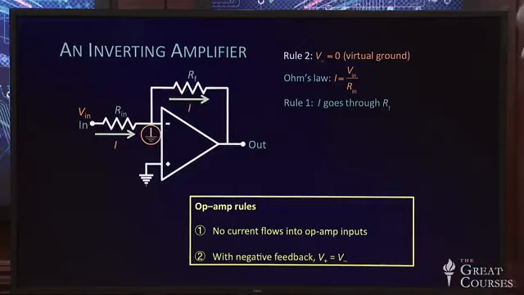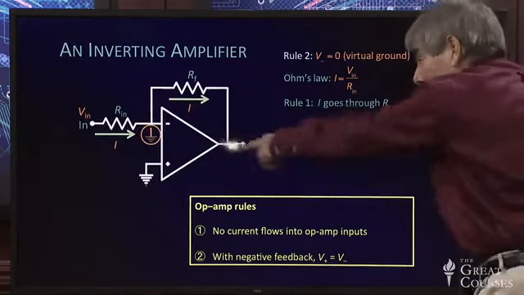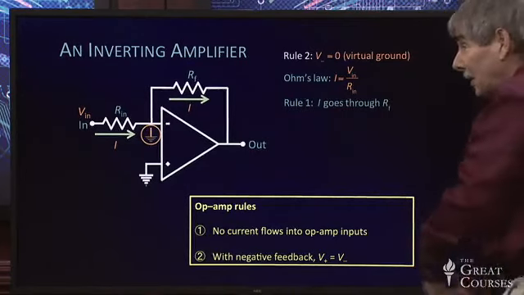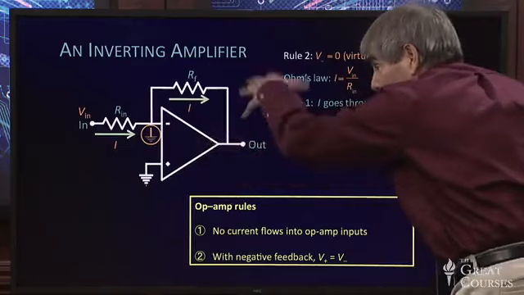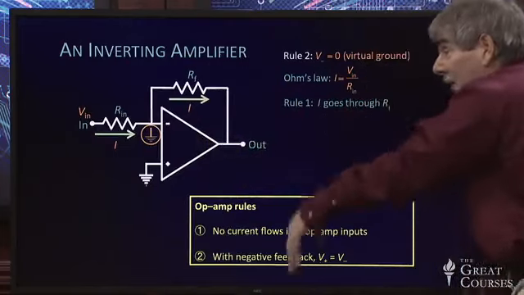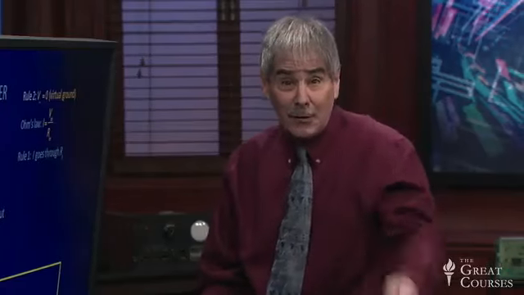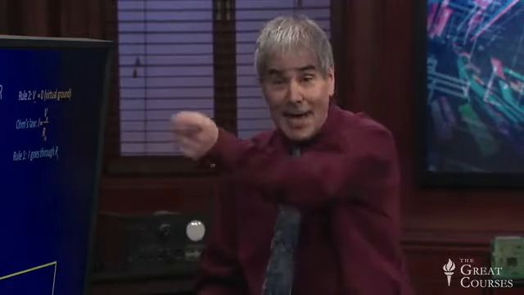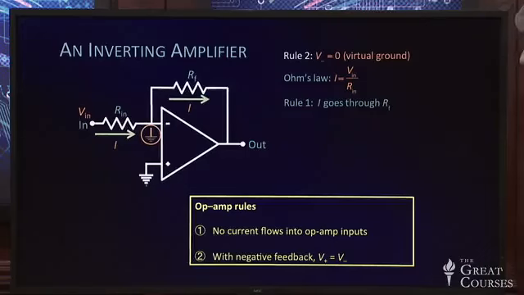There it goes. Same current that came in is on its way through the feedback resistor. What happens to it after that, if you're wondering? Well, some of it might go to the output if there's other stuff connected there. The op-amp's transistors will sink it in and eventually deliver it back to the ground and the power supplies and so on. So the op-amp is doing its magic to make this happen.